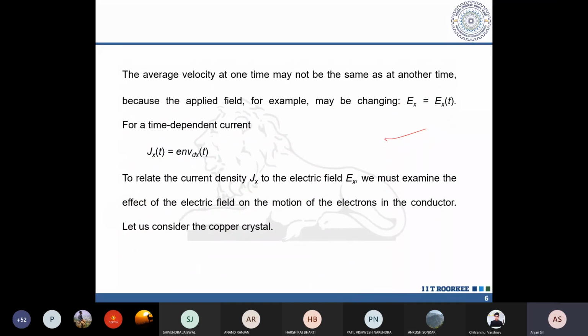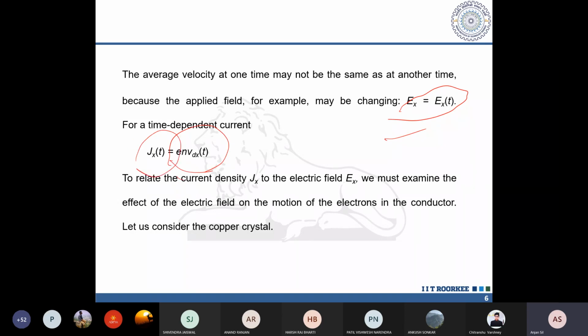But what is interesting here is that the electric field is not a stationary field. If it is a time dependent or AC field, then the amplitude changes with time. So you have to express Ex as a function of t. Then velocity v dx is also a function of t, and therefore current density is also a function of t.